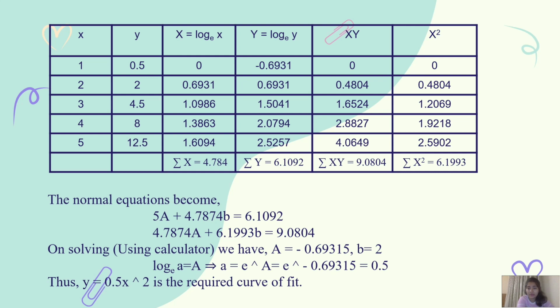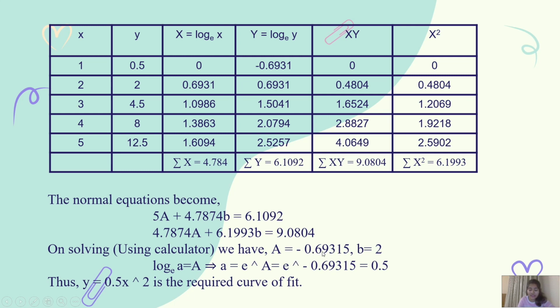Similarly, we find out capital Y, then capital X into capital Y, and capital X square. Now the normal equations become this when we substitute the summation values in the equation. Then by solving these two equations, we'll find out the values of A and b.